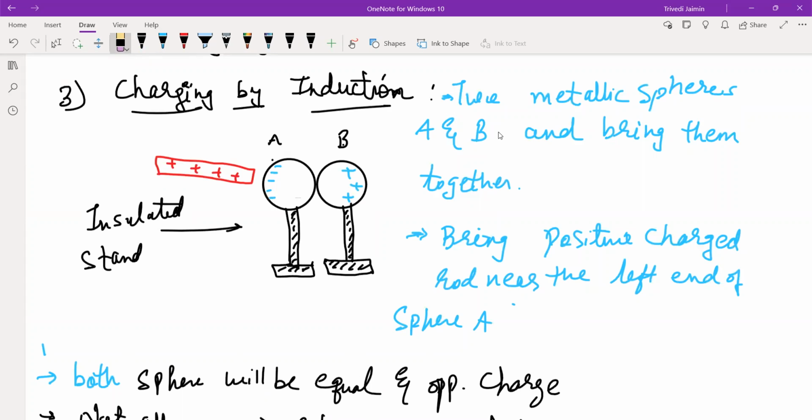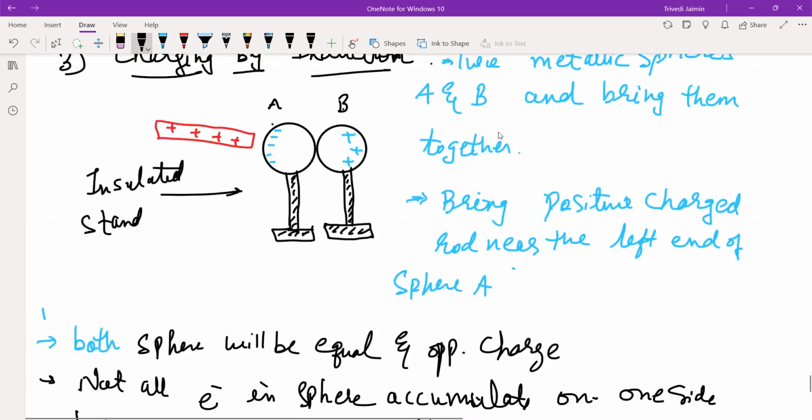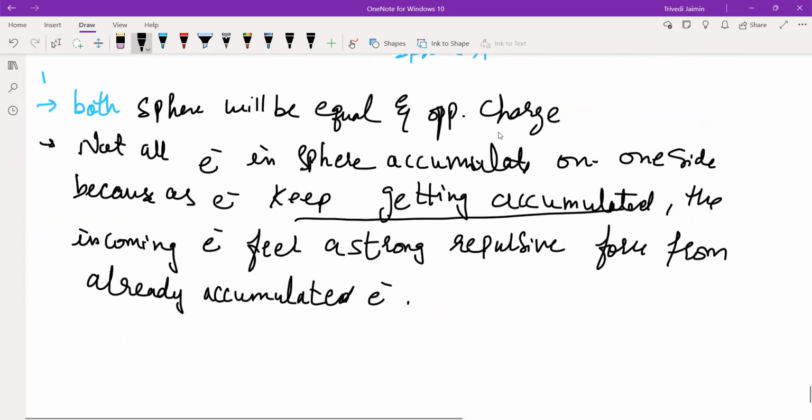That means there is an equilibrium state. There should be equilibrium at some point, otherwise infinite negative charge will be incoming. So after some point, there will be an equilibrium state. In short, what this big statement says is that at some point, it will be in equilibrium state.